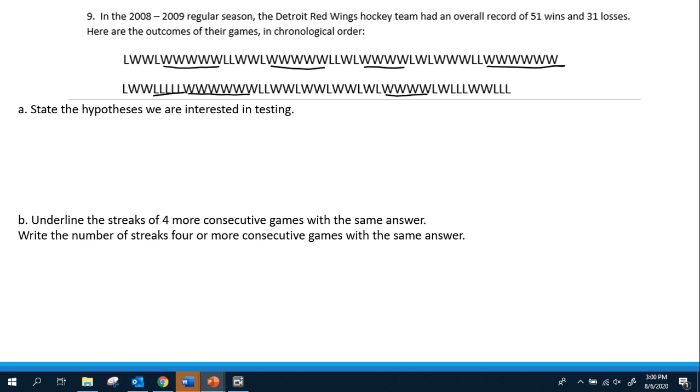In the 2008-2009 regular season, the Detroit Red Wings hockey team had an overall record of 51 wins and 31 losses. Here are the outcomes of their games in chronological order. A says state the hypotheses we are interested in testing. So our H0 would be the Red Wings outcomes were independent.